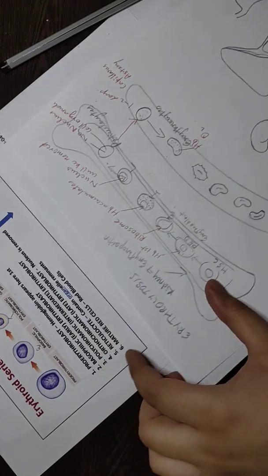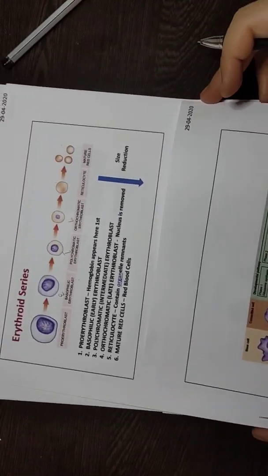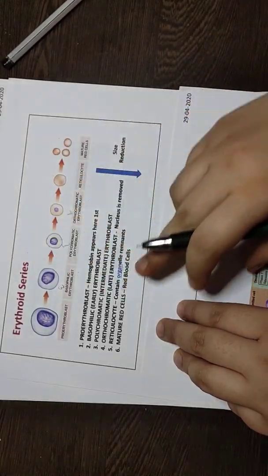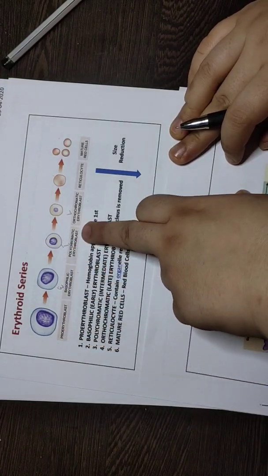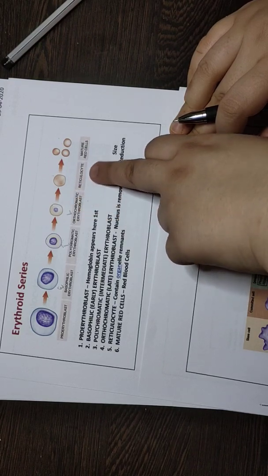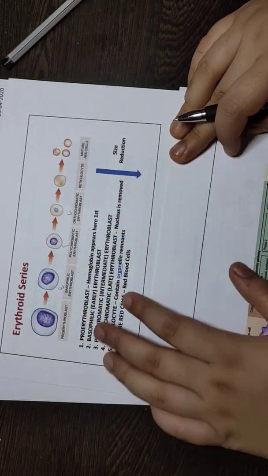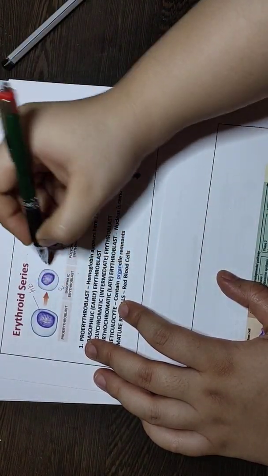Okay. Now, coming back, I'll explain this once again. In the erythroid series, you have the proerythroblast, early erythroblast, intermediate erythroblast. You have the late erythroblast, reticulocytes, and mature red cells. Here, hemoglobin appears in the early stage.